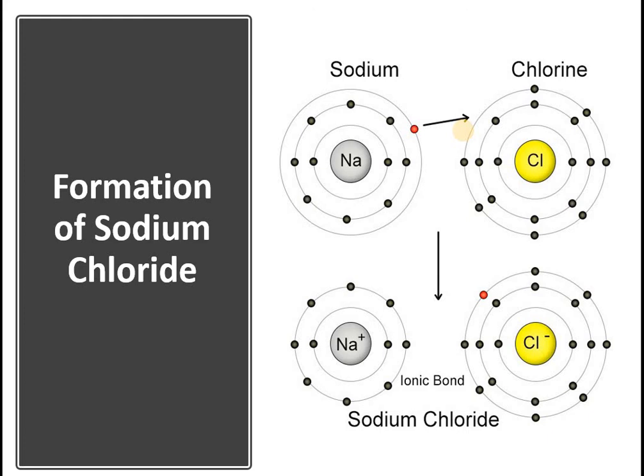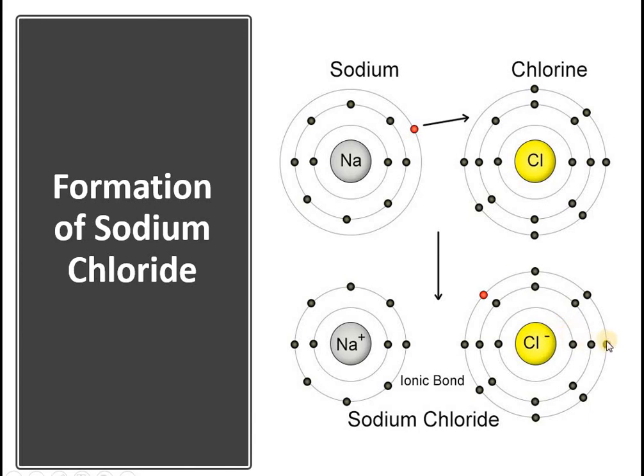One electron is more than the number of protons, so it has a charge of -1, represented as Cl-, or chloride ion. Thereby the chloride ion will have an octet of electrons in its outermost shell, so its configuration will look like that of argon, that is 2,8,8.